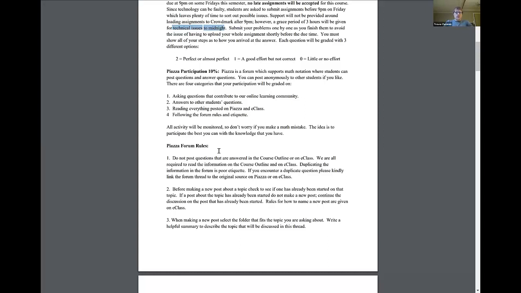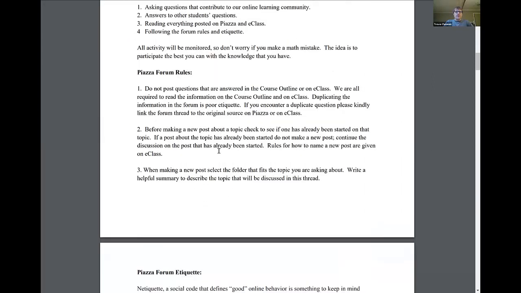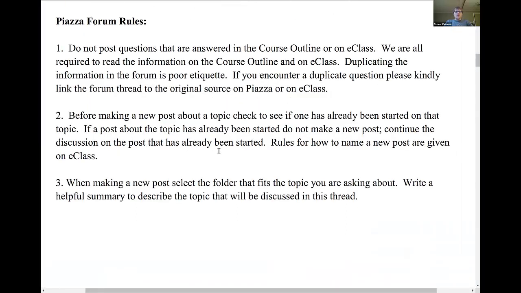Okay, so the Piazza forum rules, I want to try to get us to abide by a few of these. Don't post questions that are already answered in the course outline or on eClass. We're required to read that information, and we don't want to keep duplicating the same information over and over and over.